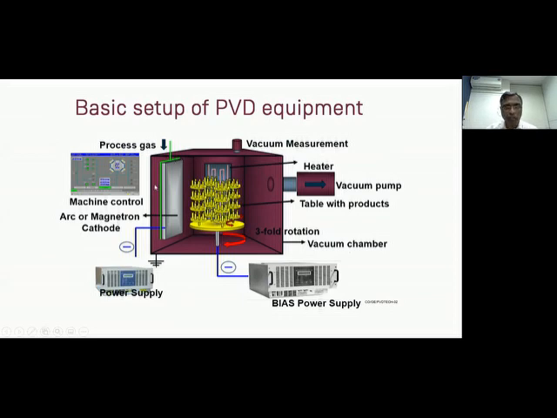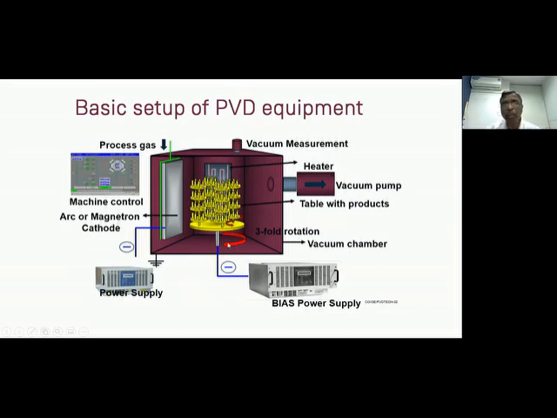Then this is the cathode, meaning the target of, for example, titanium or chromium or aluminum titanium, of which we need to do the coating. Then the control panel, and different kinds of power supplies are used to synthesize and maintain the appropriate stoichiometry of the coating during the process. So this is a very important aspect, using the different kinds of power supplies.